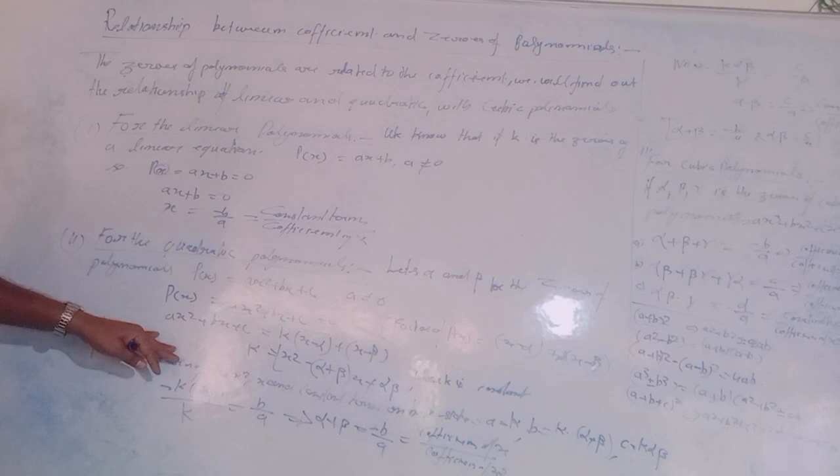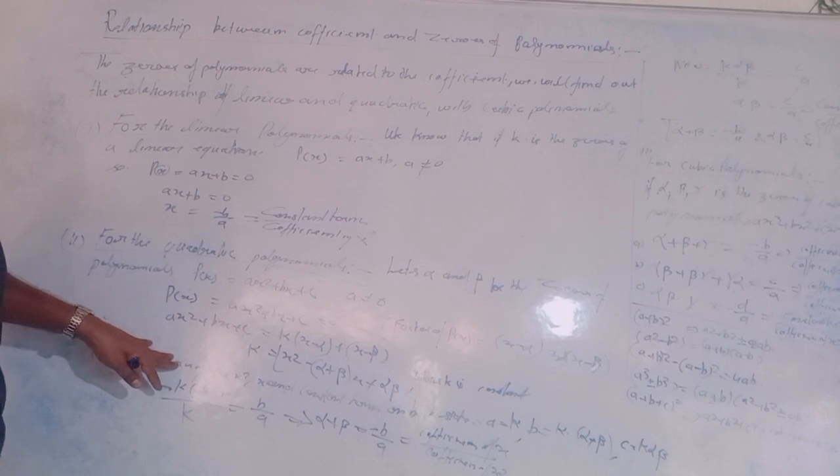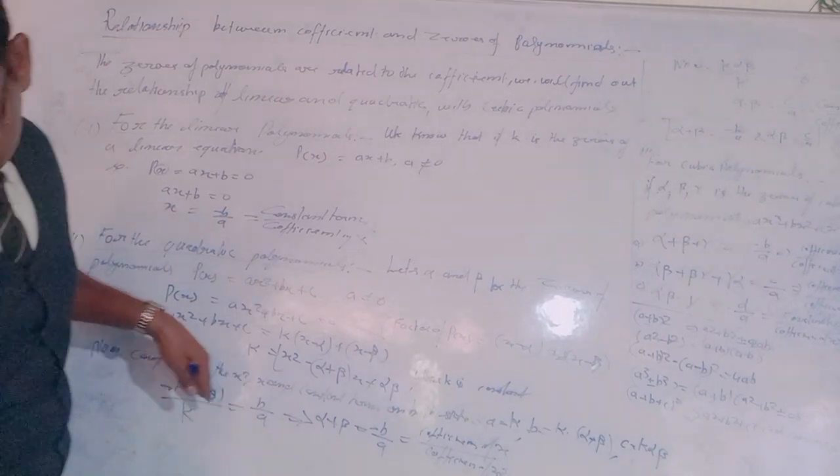And then we will take (a plus b) whole cube. So we will write 3ab(a plus b).